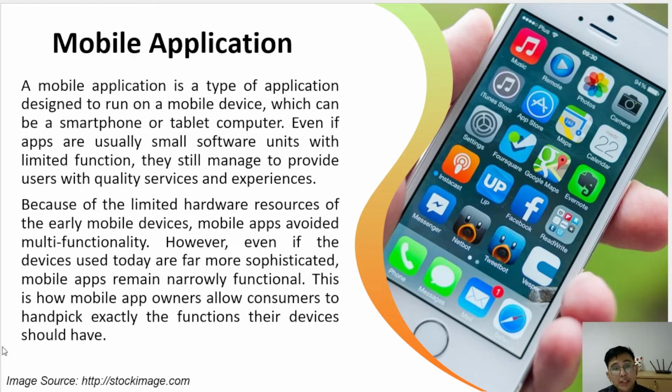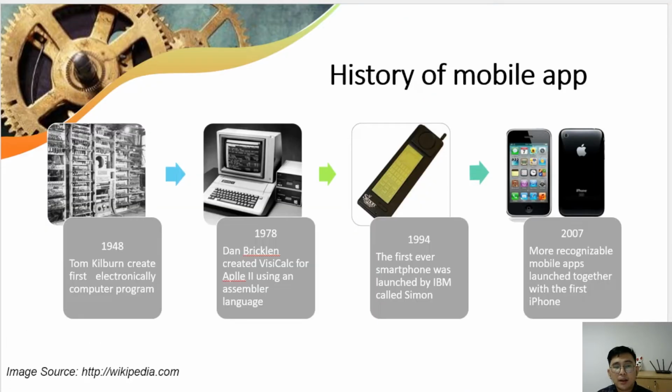The history of mobile apps began in 1948. It was created by a man named Tom Kilburn, who created the first electronic computer program. Back in the day, it was first run on a huge computer because of limited facilities and knowledge.